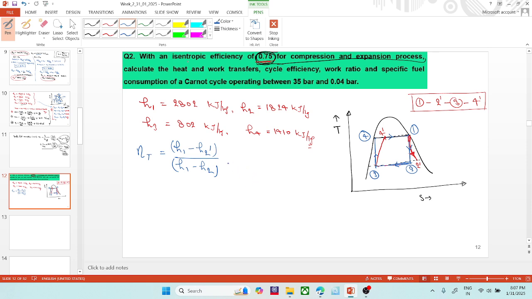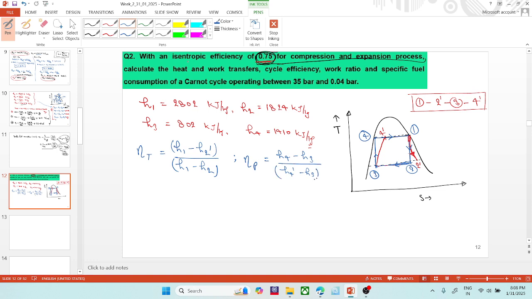defined like this. Whereas the isentropic efficiency for the pump or the compressor is defined as the ideal work which we have to supply to increase the pressure. So it is H4 minus H3 divided by H4 dash minus H3.